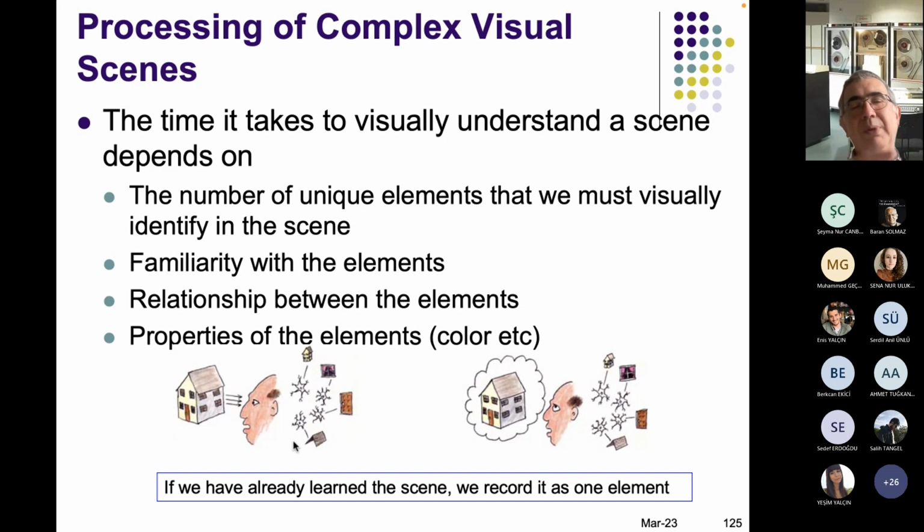So basically what you believe is if it goes to the right, the value is increasing. Also to the right, there is a red color. So your previous experiences help you to understand the scene. So the number of unique elements that we must visually identify in the scene helps to understand and use the device.